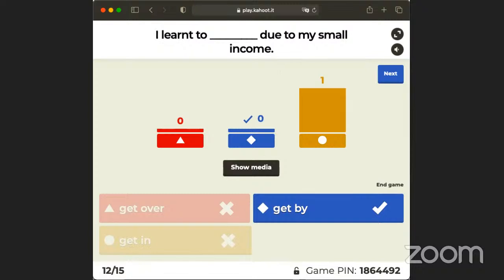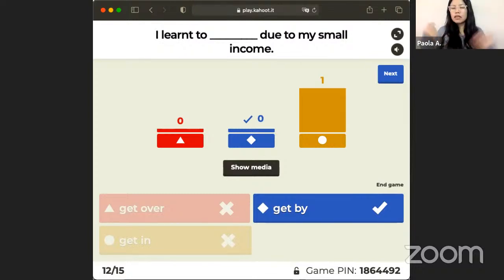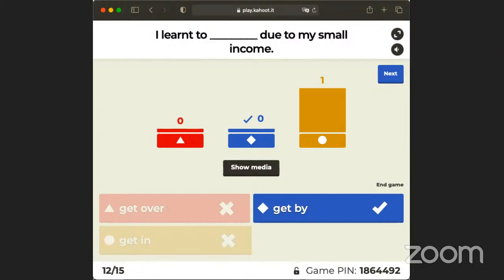To get by is like to get used to, to accept maybe, that they have a small income, a small salary, just a little bit of money. And they just learn to be content with that situation and accept that they have a small salary.